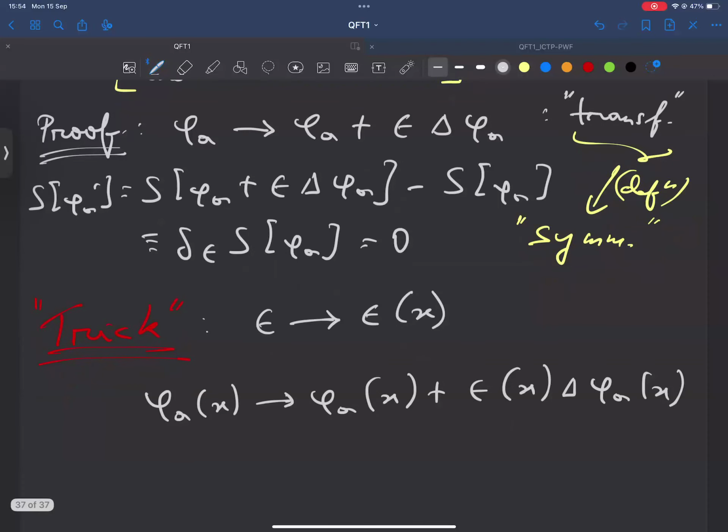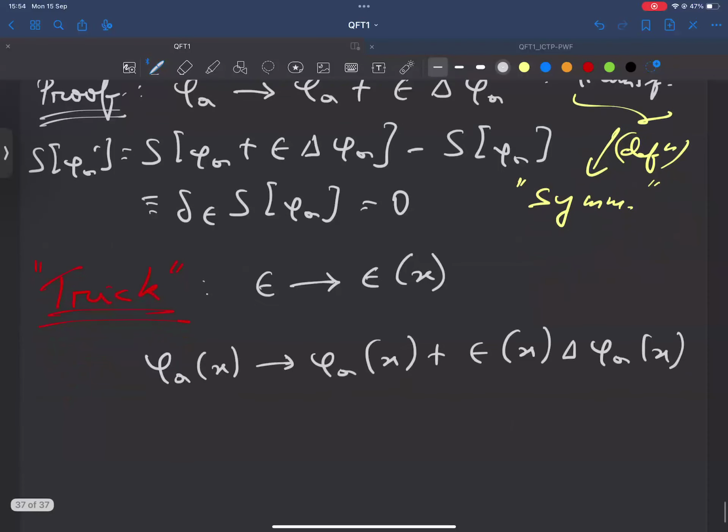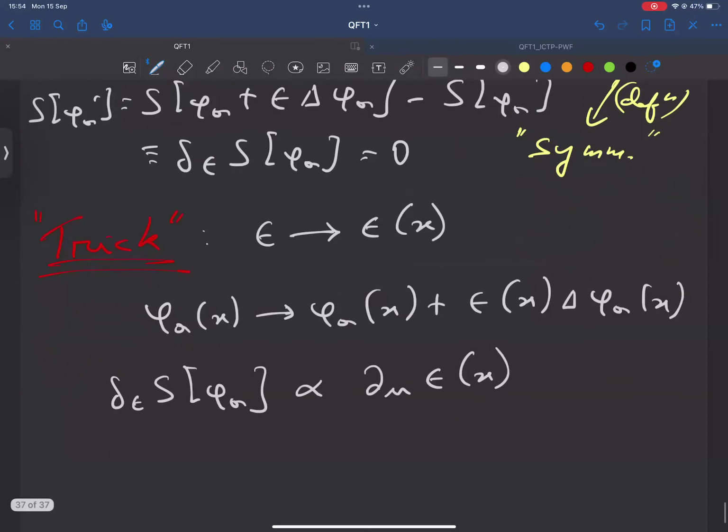Because of this, the variation of the action due to the transformation has to be proportional to the derivative of this parameter epsilon(x). Because that means that if epsilon becomes constant, then we will get a symmetry, that is delta_epsilon S is 0.